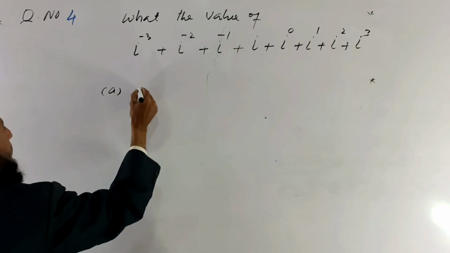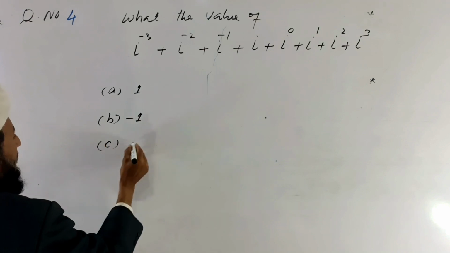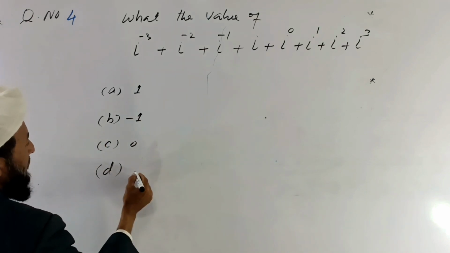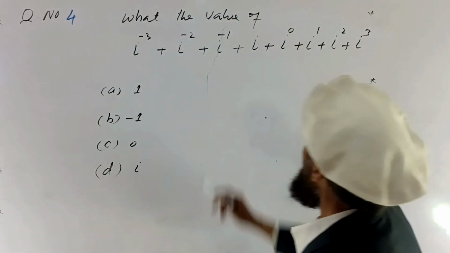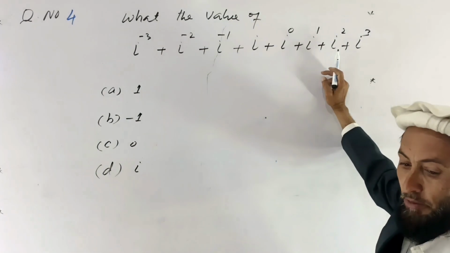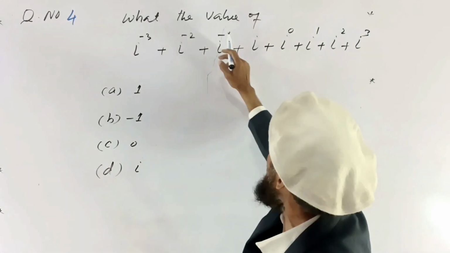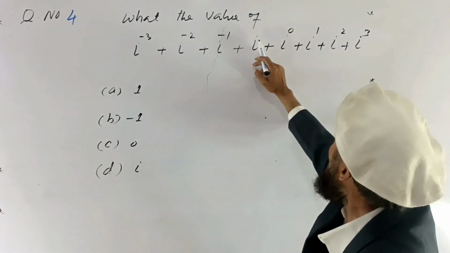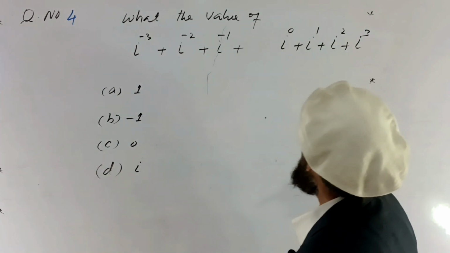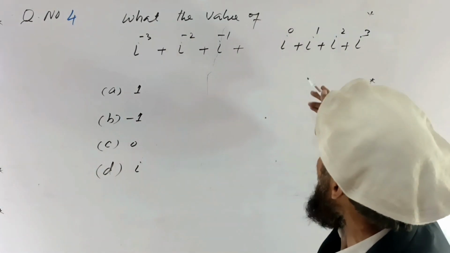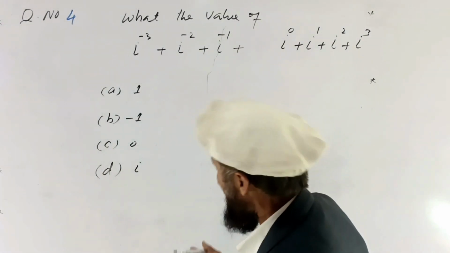Here a is equal to 1, b is equal to minus 1, c is equal to 0, d is equal to iota. Directly the series are going to this one, so the result will be equal to 0. We have already discussed minus 3, minus 2, minus 1, and here we put 0 and 1. The series are going to same, so according to the formula we have already discussed, the answer will be C is equal to 0.